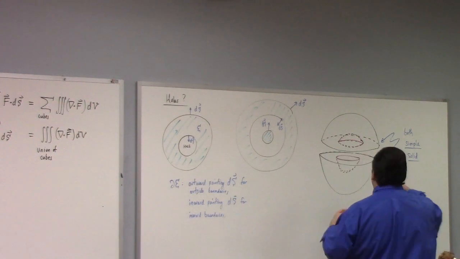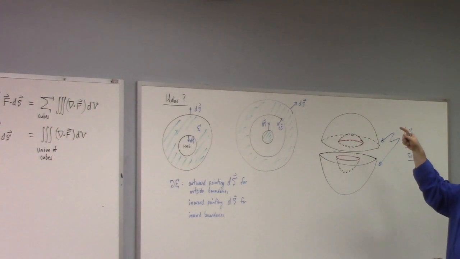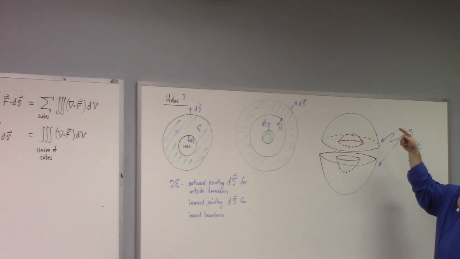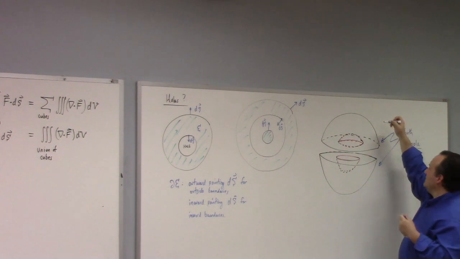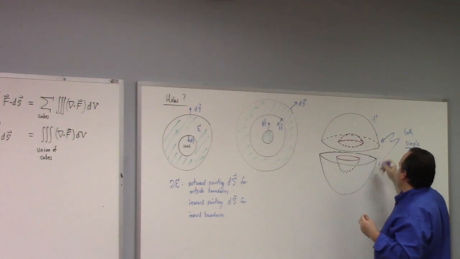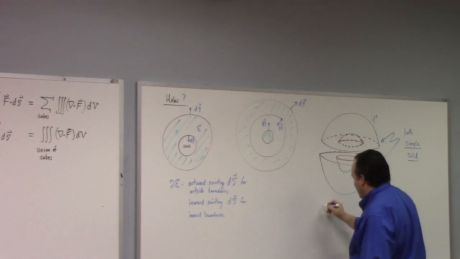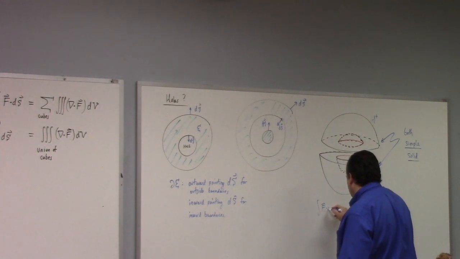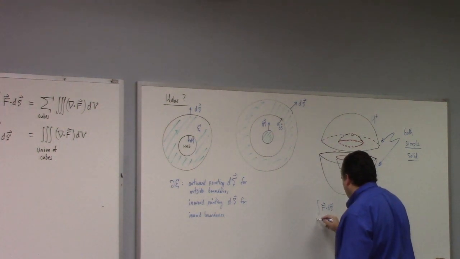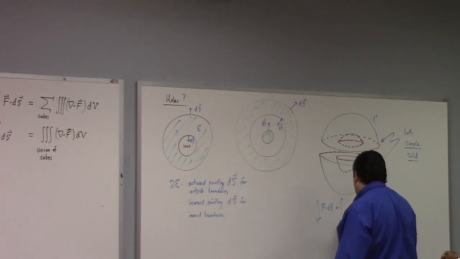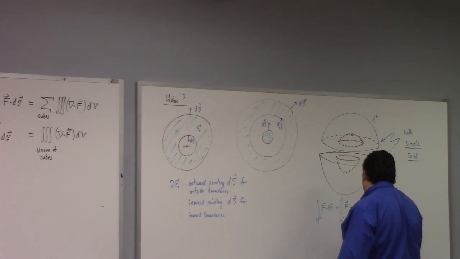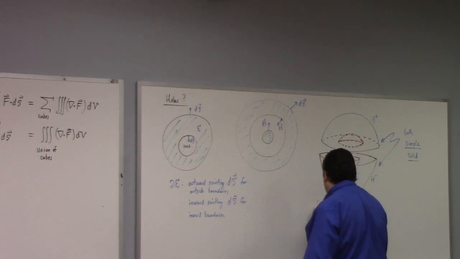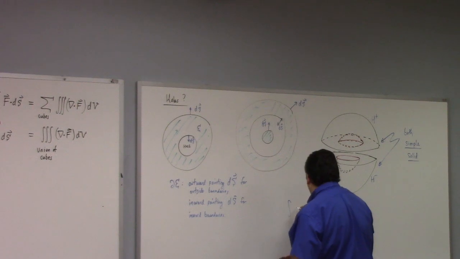And for the simple solid, we've already derived the divergence theorem. So if I call this one H plus, and this one H minus, I can take the integral of a vector field, the flux along H plus the flux along H minus, and that's actually going to be equal to the integral along the boundary of the sphere.